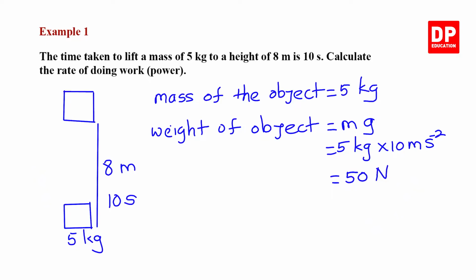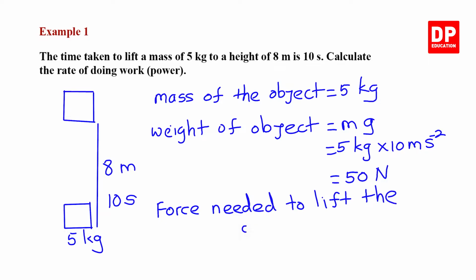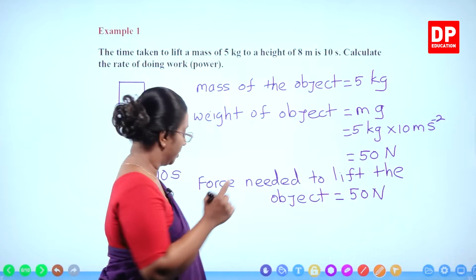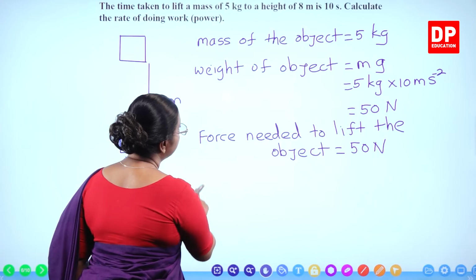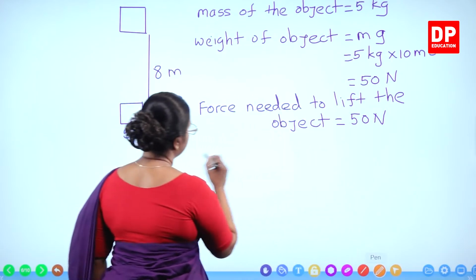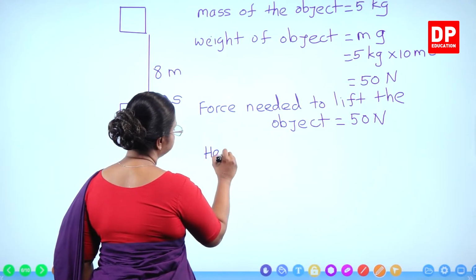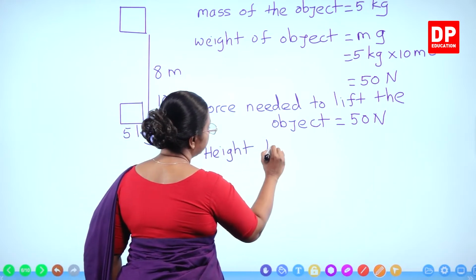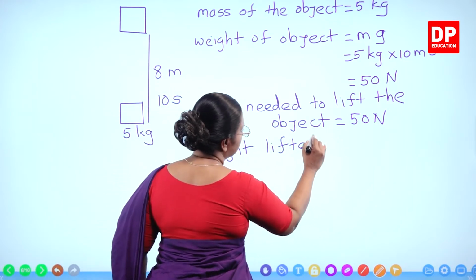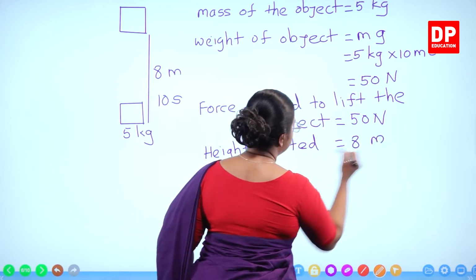So here, the force needed to lift the object is going to be 50 Newton. When it is lifted to a height, what is the height lifted? 8 meters.